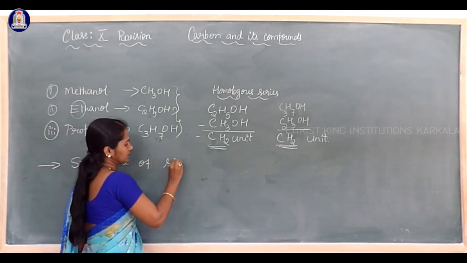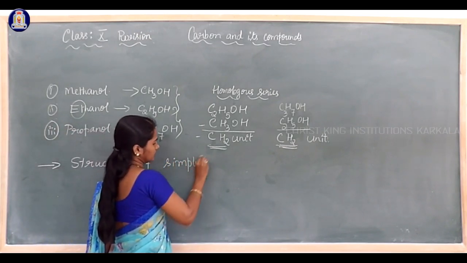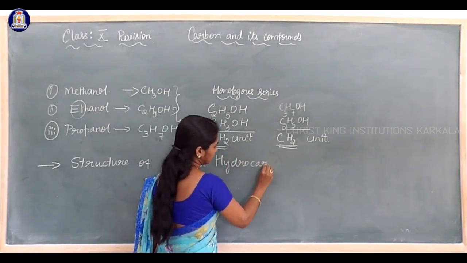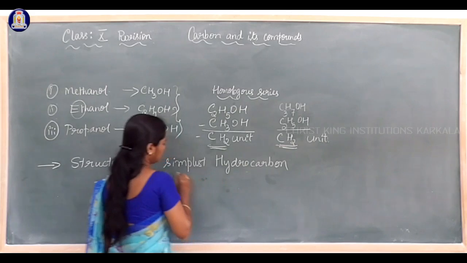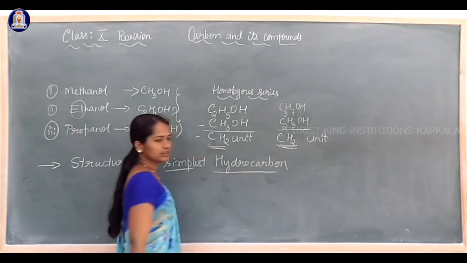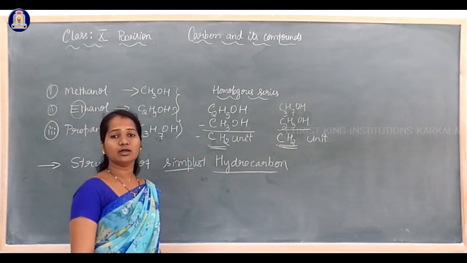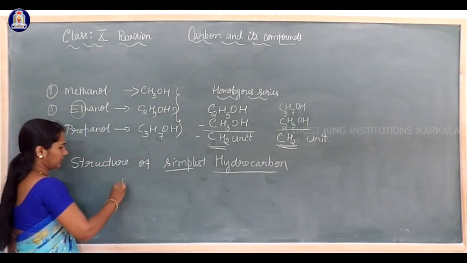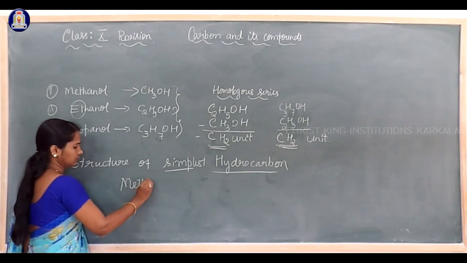Write the structure of the simplest hydrocarbon. Which is the simplest hydrocarbon? Simplest hydrocarbon means the first member of the hydrocarbon family. Which is the first member? The first member is methane.